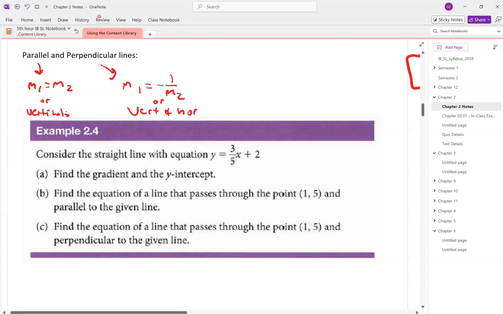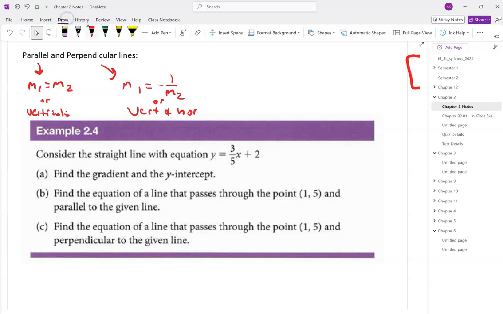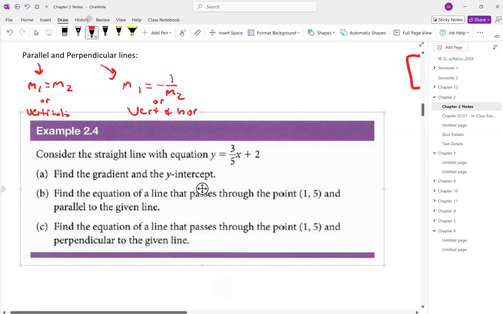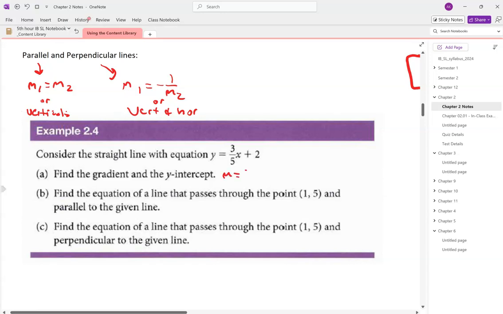All right, so we have the line y equals 3/5 x plus 2. What is its slope and y-intercept? And its y-intercept is, well, we'd write it as a point, 0, 2.